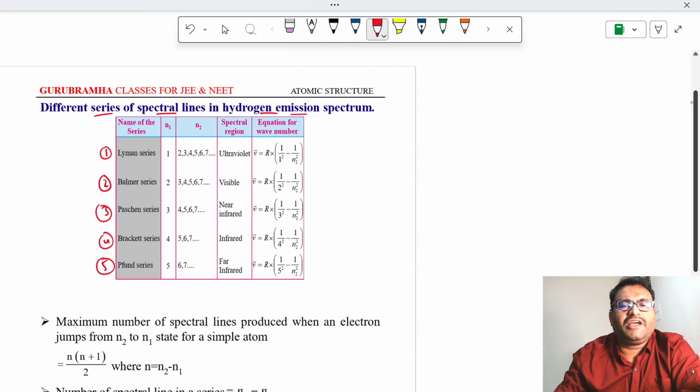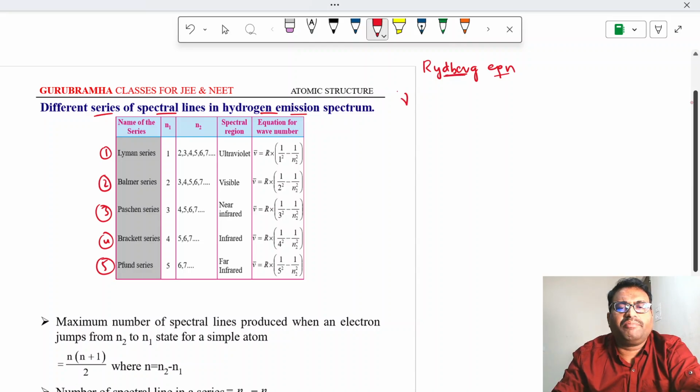So here there is a Rydberg equation or formula to calculate the wave number of the spectral line in this series. What is that formula?